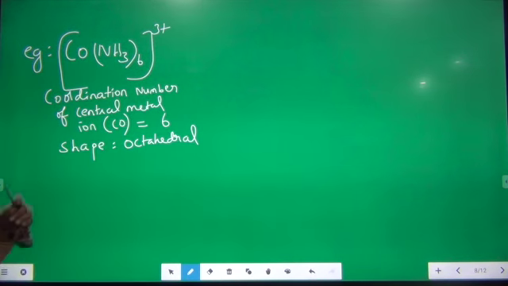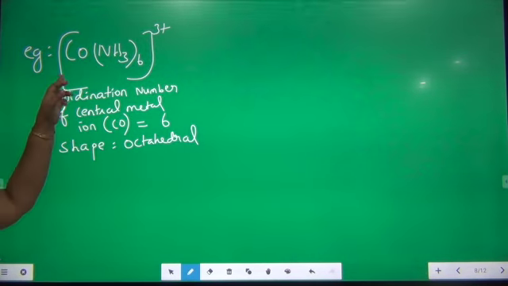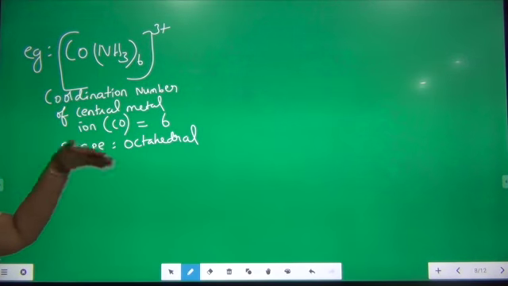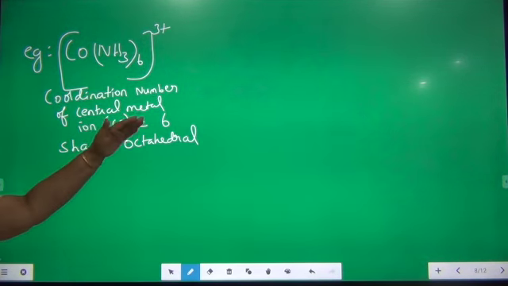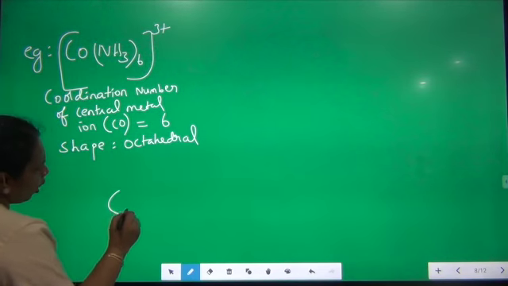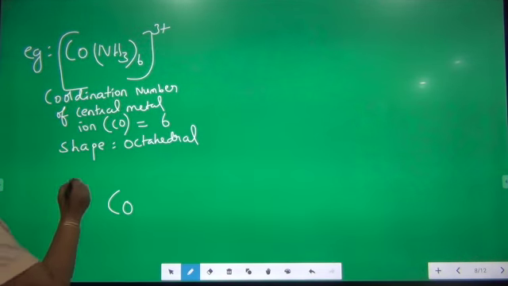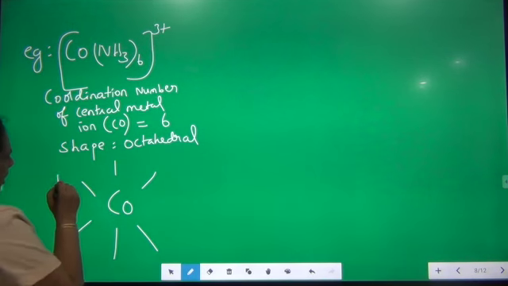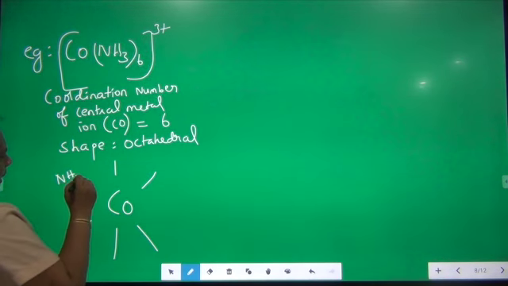The secondary valencies attached to the central metal ion give a definite geometry because it is related to the coordination number. Cobalt will be the central metal ion, and all the 6 corners are occupied by ammonia.